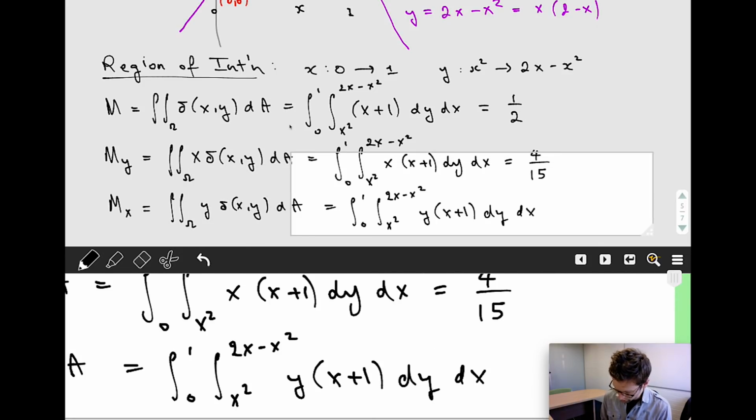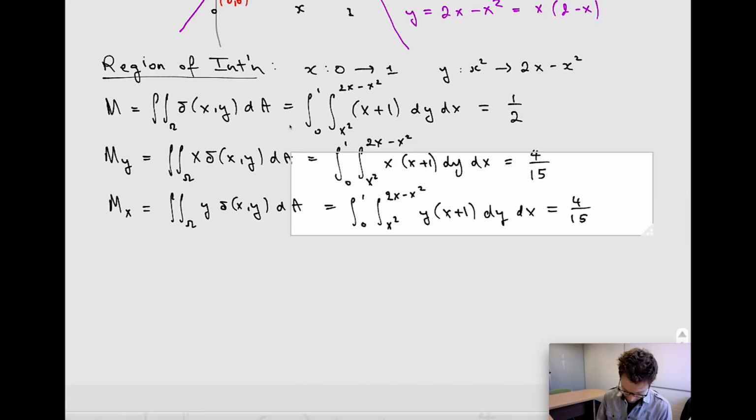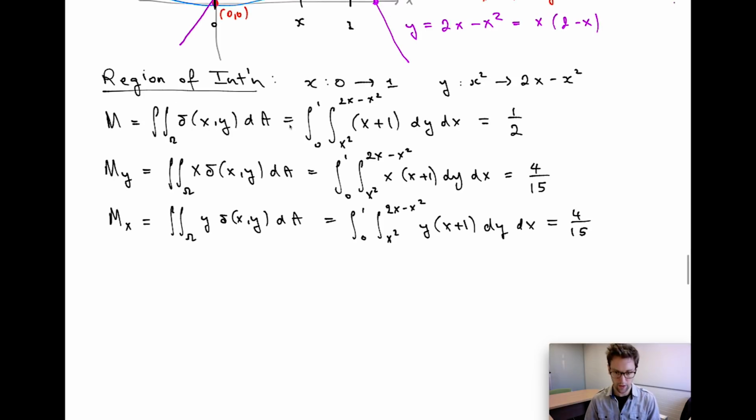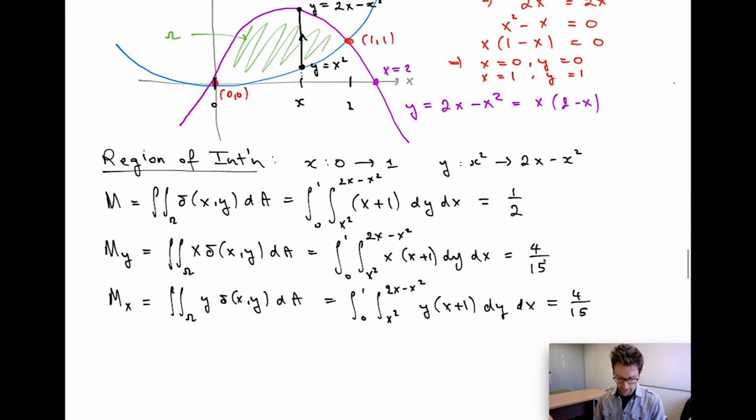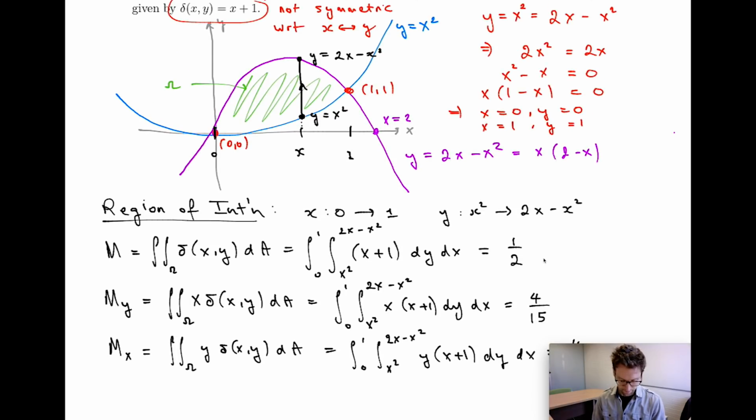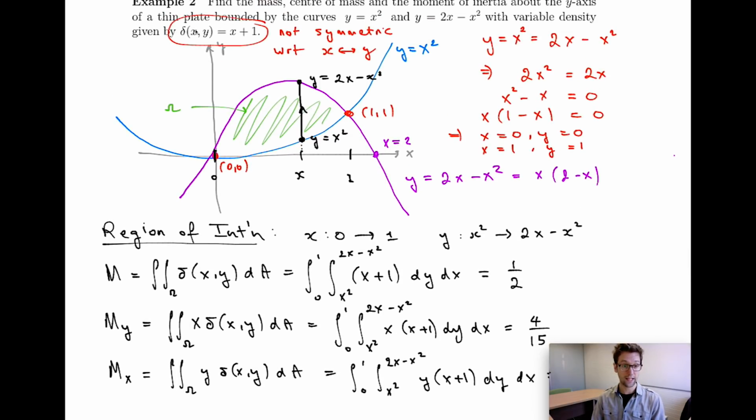And when you do that integral, you'll find that that actually also is 4 over 15. So just by coincidence here, the first moment about the y-axis and the first moment about the x-axis are both the same. Now, we couldn't have anticipated that in advance because we saw that this density was not symmetric and the shape was not symmetric. So in fact, these things are not symmetric in the same way somehow, but again, we couldn't have figured that out in advance. We'd have to have actually done the integrals.